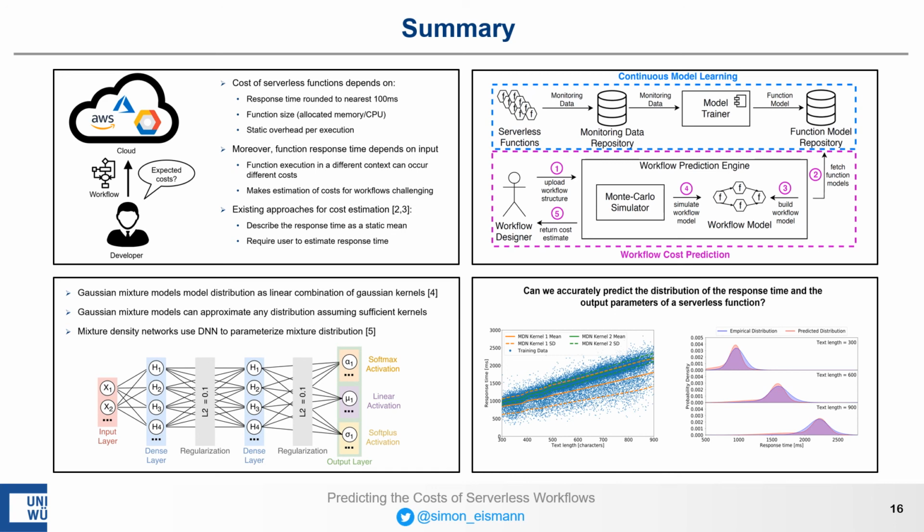And in our evaluation, we've shown that we can accurately predict the distribution of the response time and the output parameters of a serverless function. We've shown that we can accurately predict the cost of previously unobserved workflows, and that the time to do this is within reasonable scope.